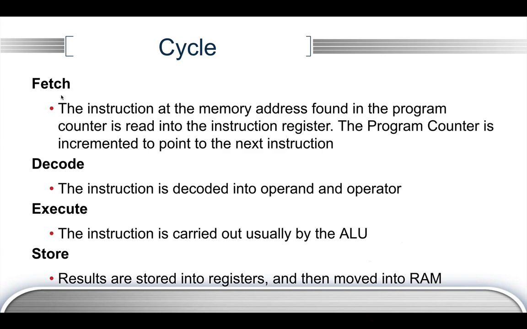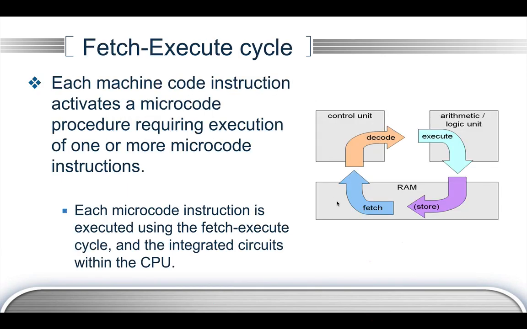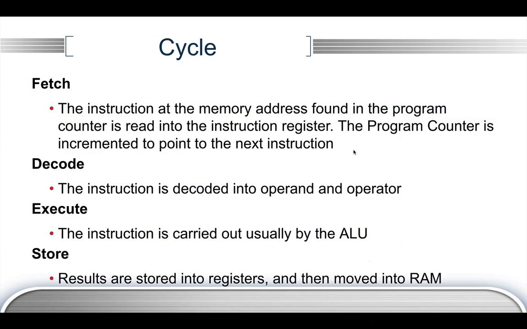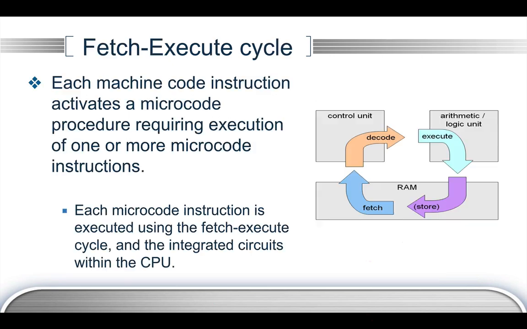In terms of the fetch component: the instruction at the memory address found in the program counter is read into the instruction register. What does that mean? Long story short, there will be an instruction saved in RAM, random access memory, that needs to be executed by the CPU.